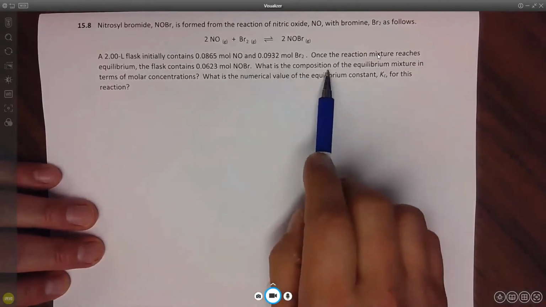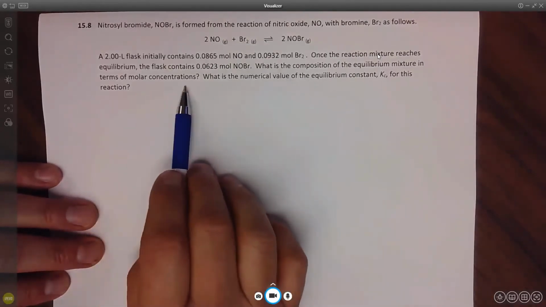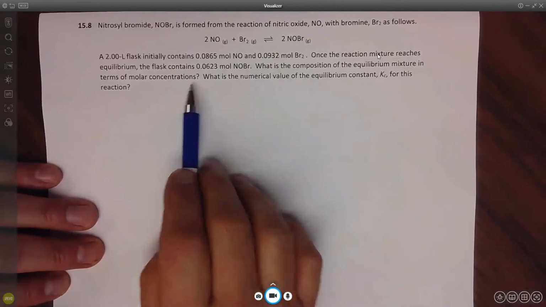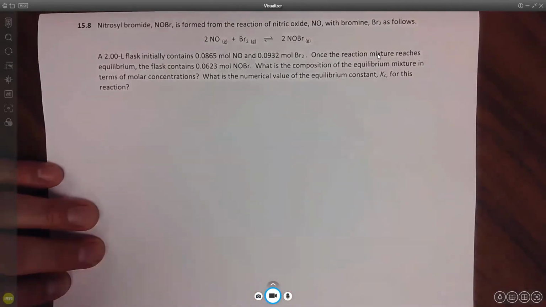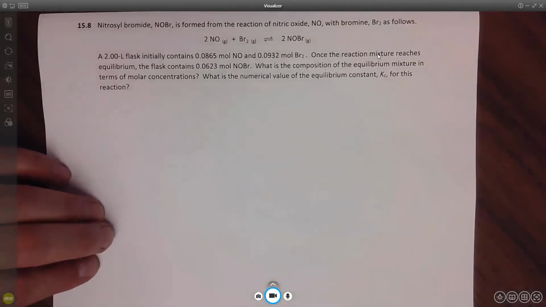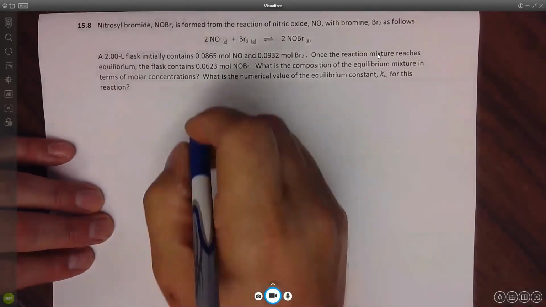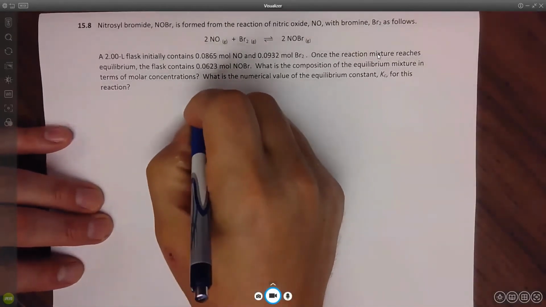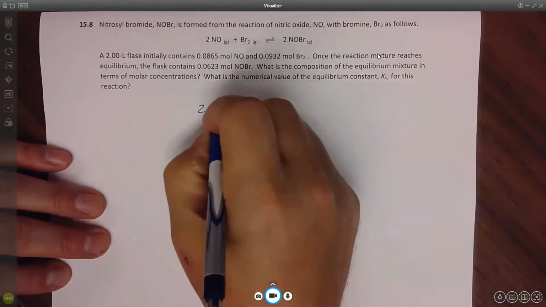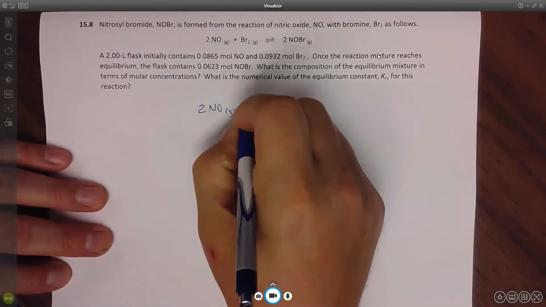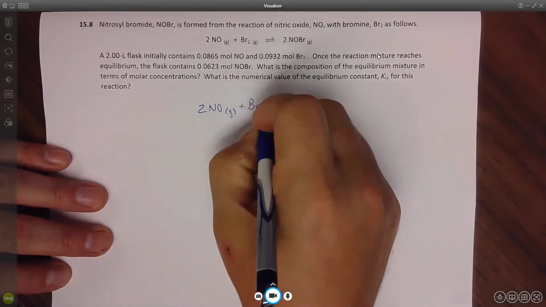What is the composition of the equilibrium mixture in terms of molar concentration? And then I want to know, what is the numerical value of the equilibrium constant? For these types of reactions, the best way to understand this is to simply create an ICE table.